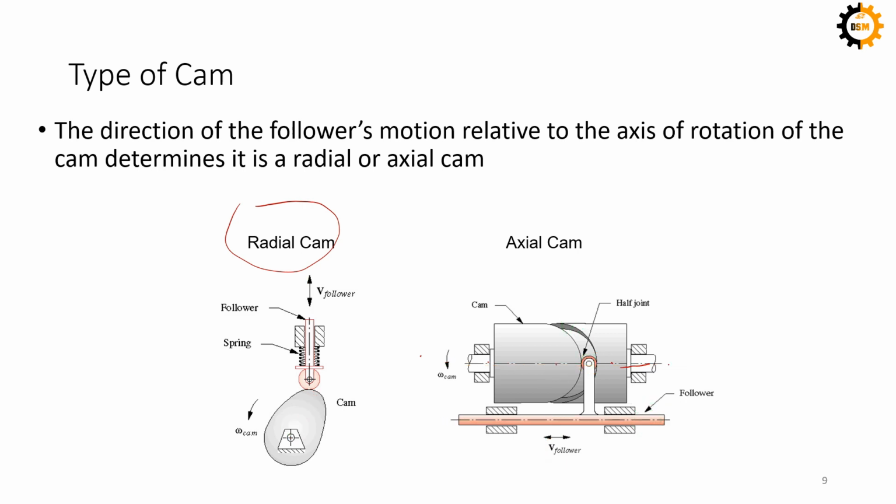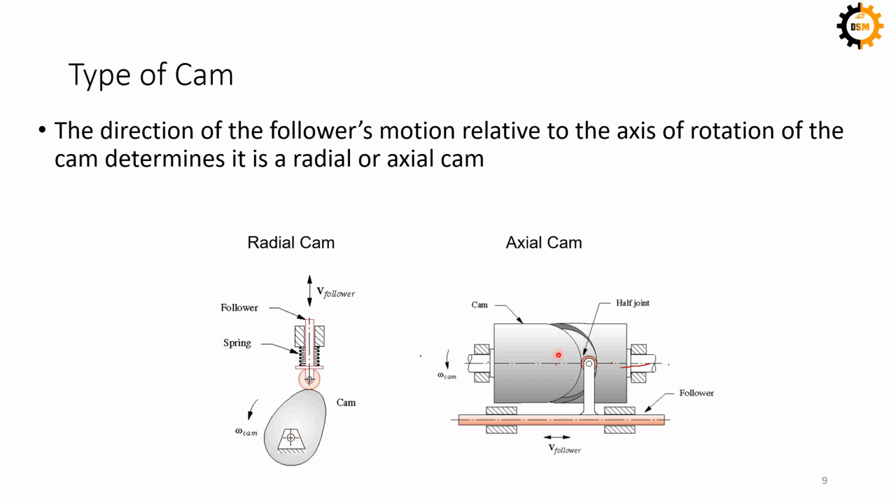Okay, so just to revise again, in the radial cam, the motion of the follower will be in the radial direction of the cam. So you just observe the motion of the follower with respect to the motion of the cam.